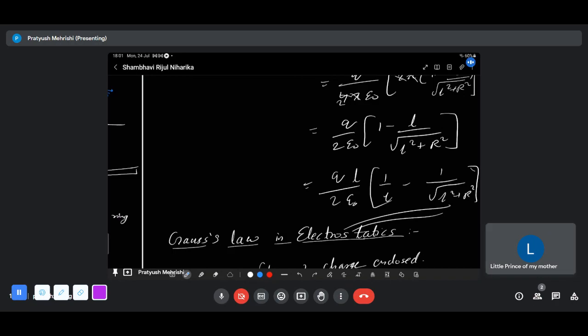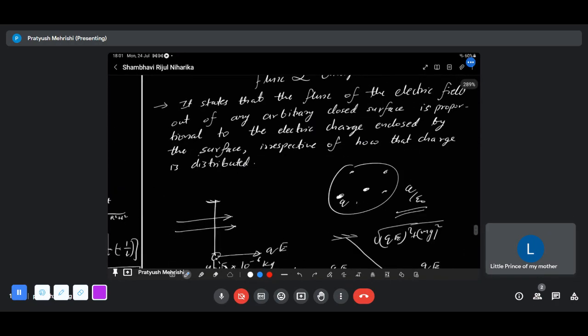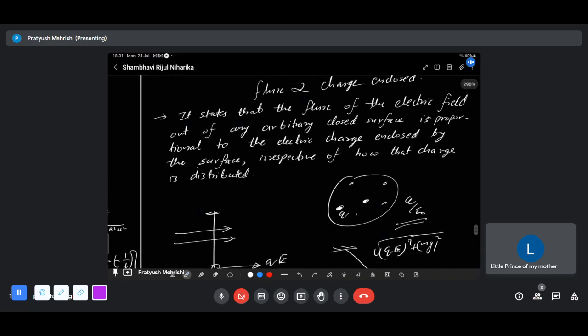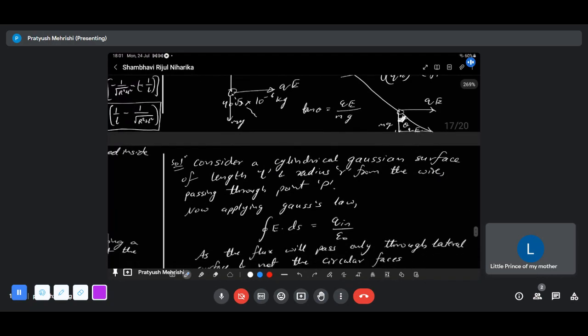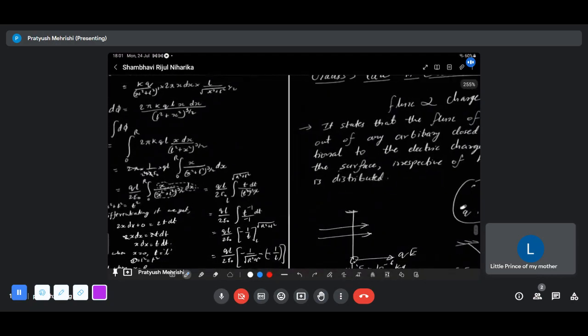Now, Gauss's law of electrostatics. Gauss's law states that flux is directly proportional to charge enclosed. That's it. Nothing else. This is Gauss's law. Now, I think you have this file with you.